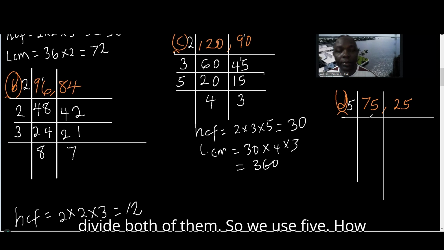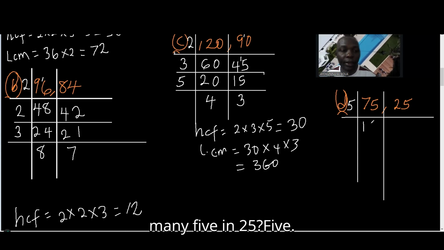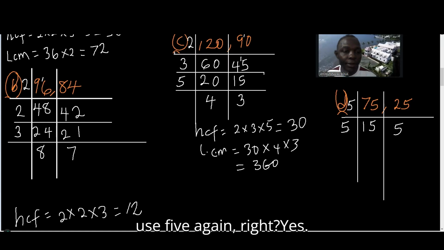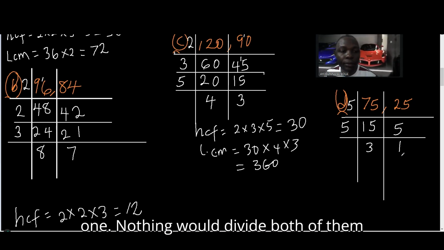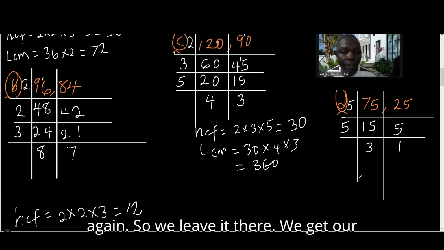So we use 5. How many 5 in 7? 1, remainder 2. How many 5 in 25? 5. Then how many 5 in the other 25? 5. We can use 5 again, right? Yes. So 5 in 15 is what? 3. 5 here, 1. Nothing will divide both of them again. So we leave it there. We get our HCF, right?